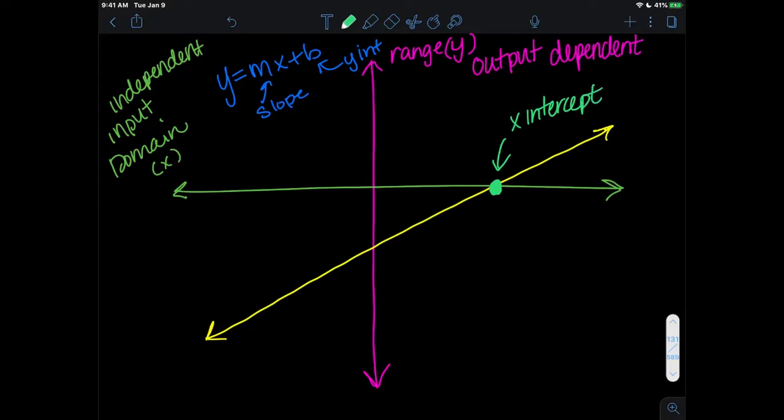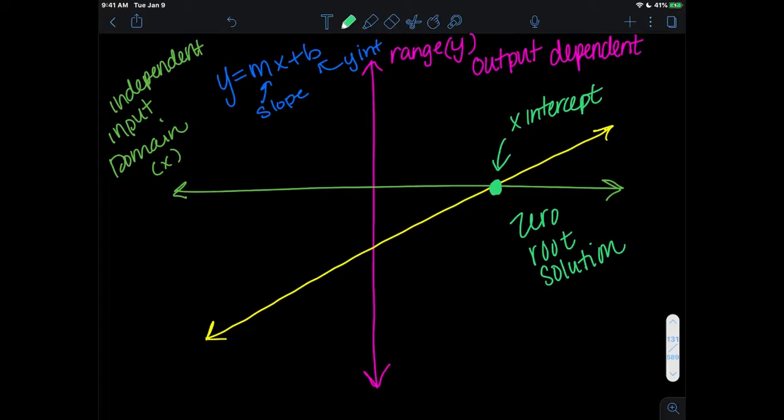Now, as you all know, math people like to make things a little bit difficult. Some people call them a 0, some people call them a root, and some people call them a solution. All 4 of those words are exactly the same. Literally, if somebody says, what is the root? Same thing as the 0, same thing as the solution, same thing as what is the x-intercept. Okay? So do not let them get you confused.